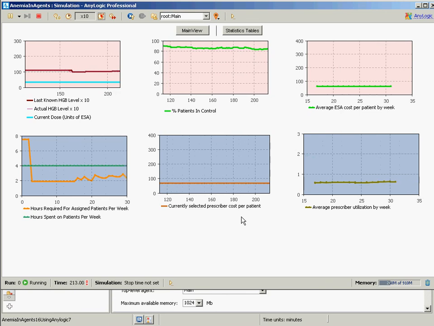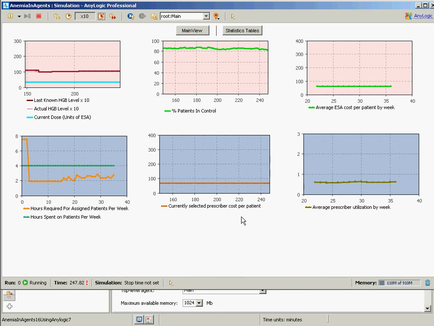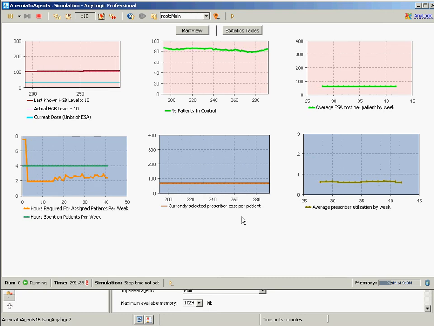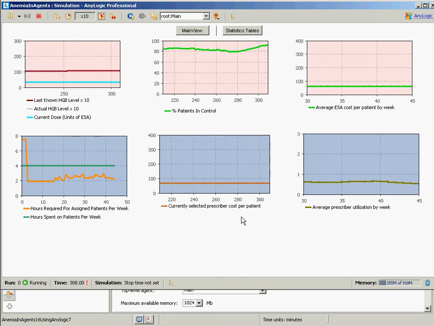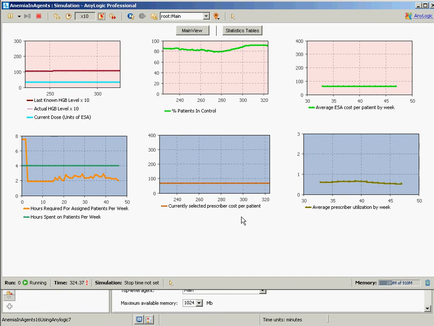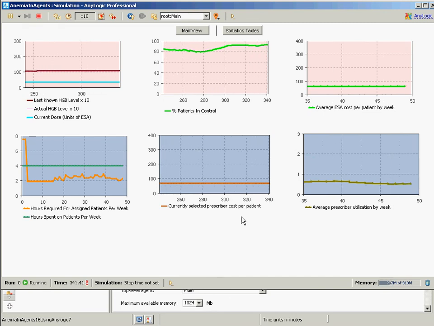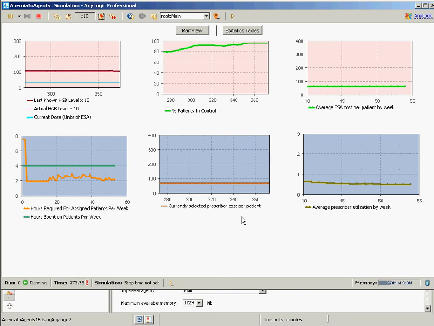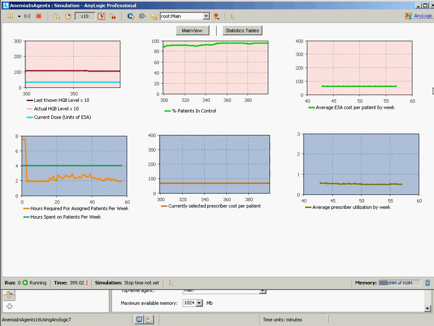So this is a model, in a care setting, of patients under control of doctors. And as I recall, these prescribers are actually making decisions for the patients. They're updating the dose for the patient over time, and you're seeing the impact on the patient. This is some of the dosing here.